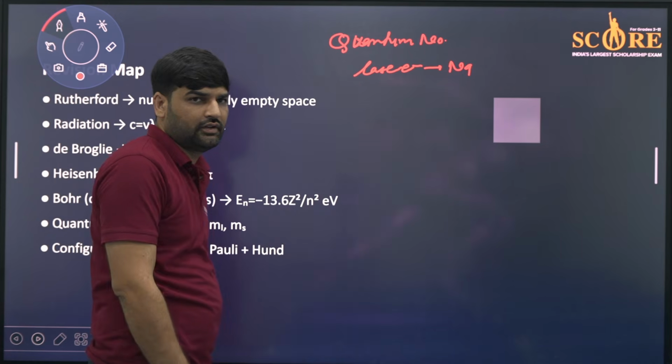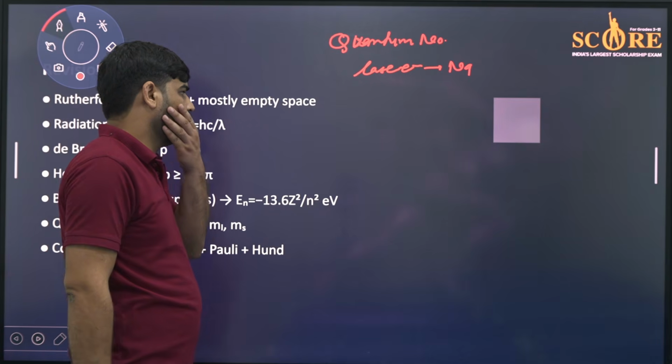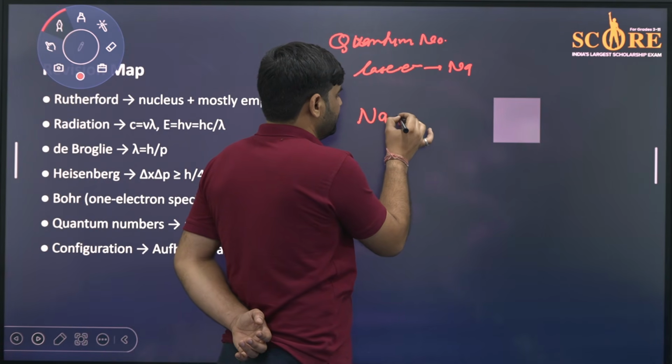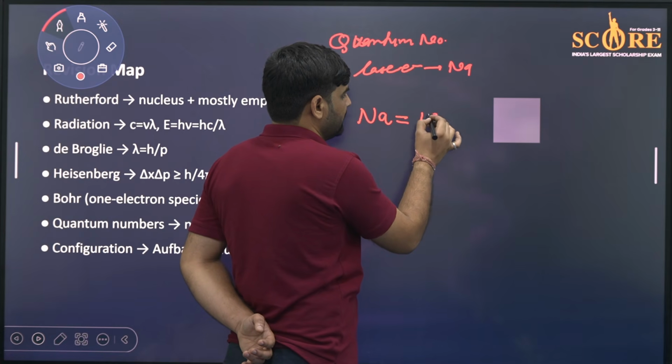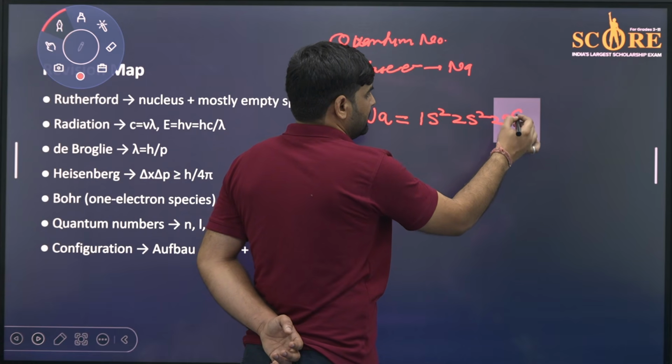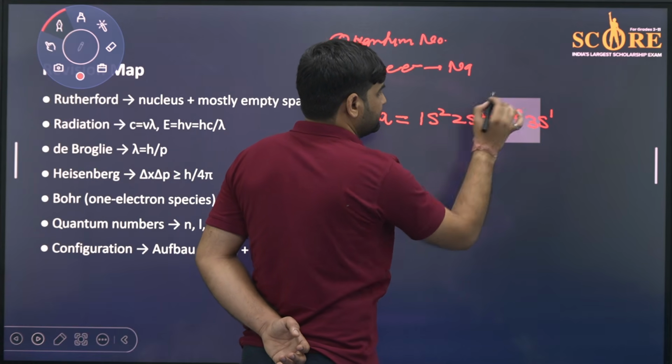So what we have to do? You have to first write the electronic configuration of sodium. So you have to write 1s2, 2s2, 2p6 and 3s1.